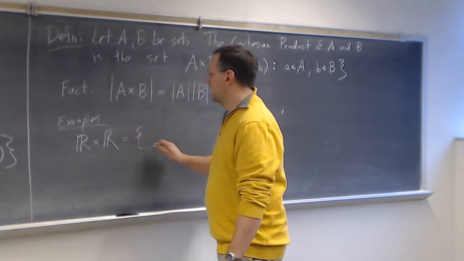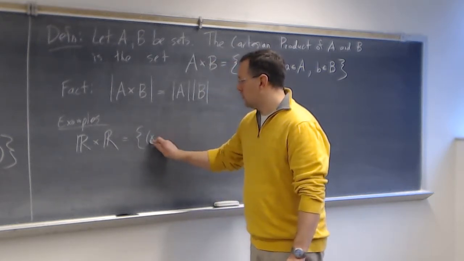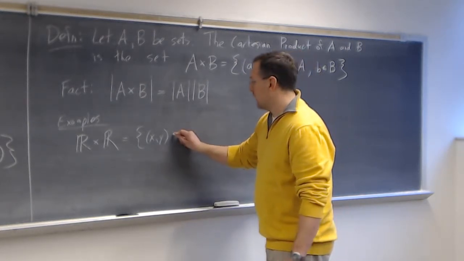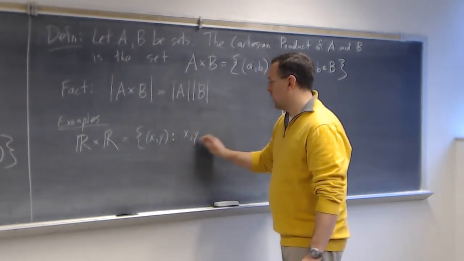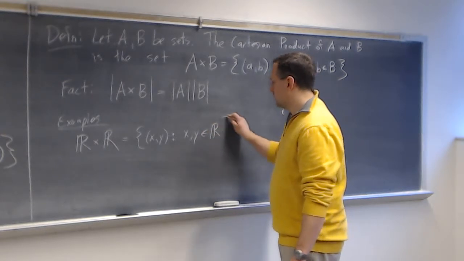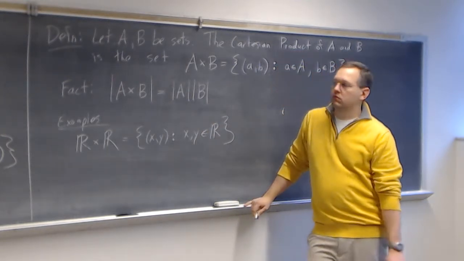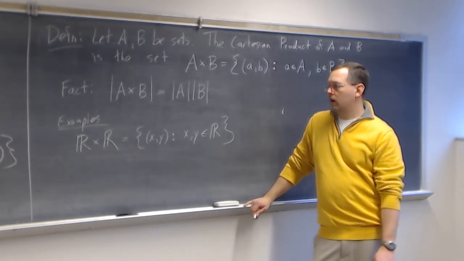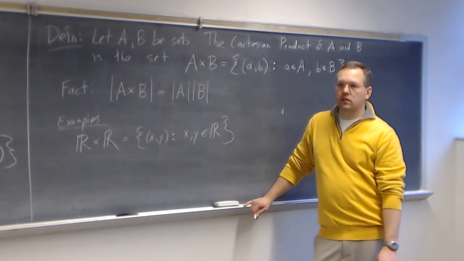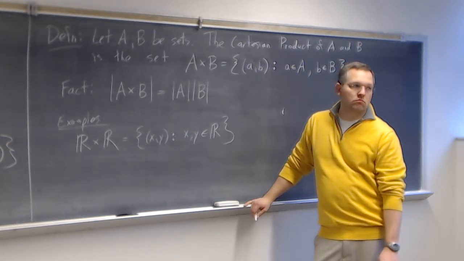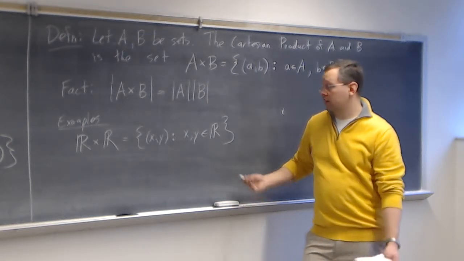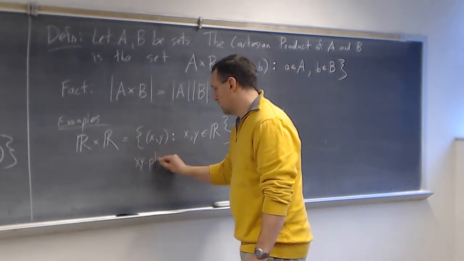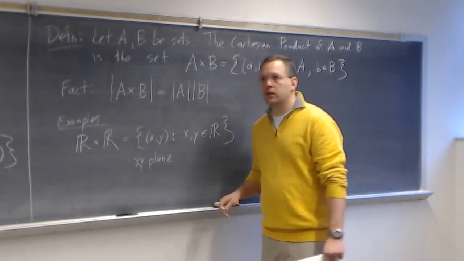By definition, it's a set of all ordered pairs (x, y) such that x and y are real numbers. So what's another name for the set of all points where the x and y coordinates are real numbers? The plane, yeah, the xy plane. This is just the xy plane, or the Cartesian coordinate plane.